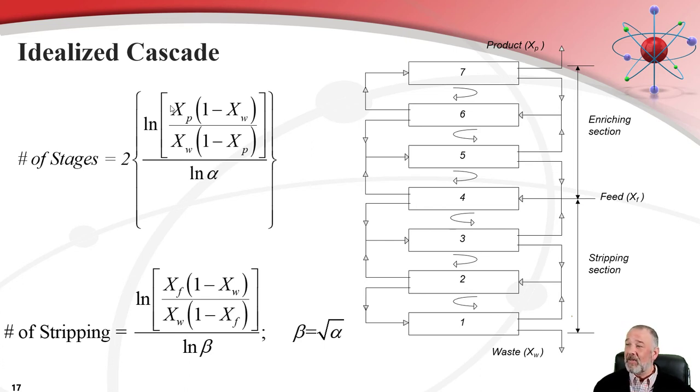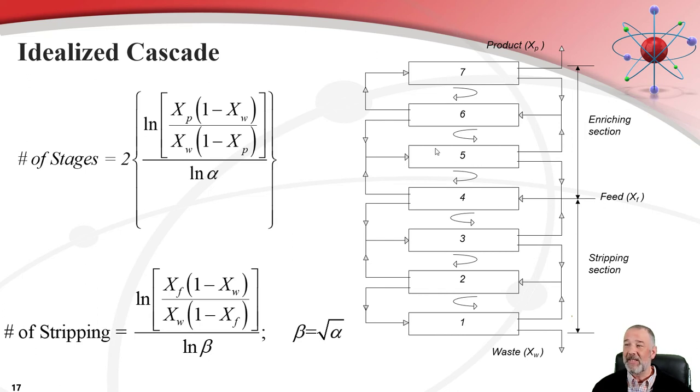A cascade, I have a little figure here on the right-hand side. This is a very crude depiction of what a cascade would be. Let's say that we have these 7 different centrifuges that are all the same, so they all enrich by whatever their limitation is. Each one can enrich by, we'll say, 0.5%. So our feed comes in to this middle one, and it enriches to 0.5%.